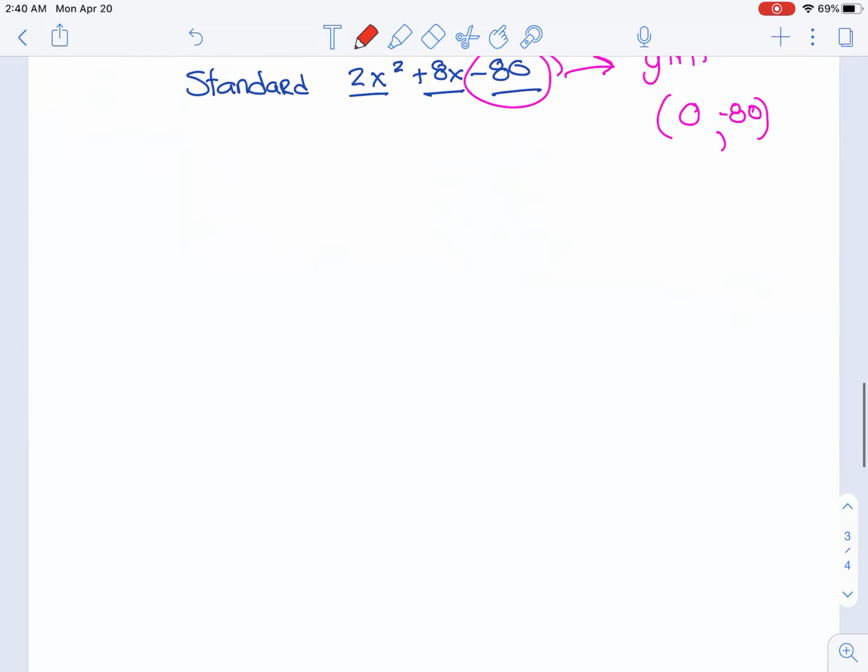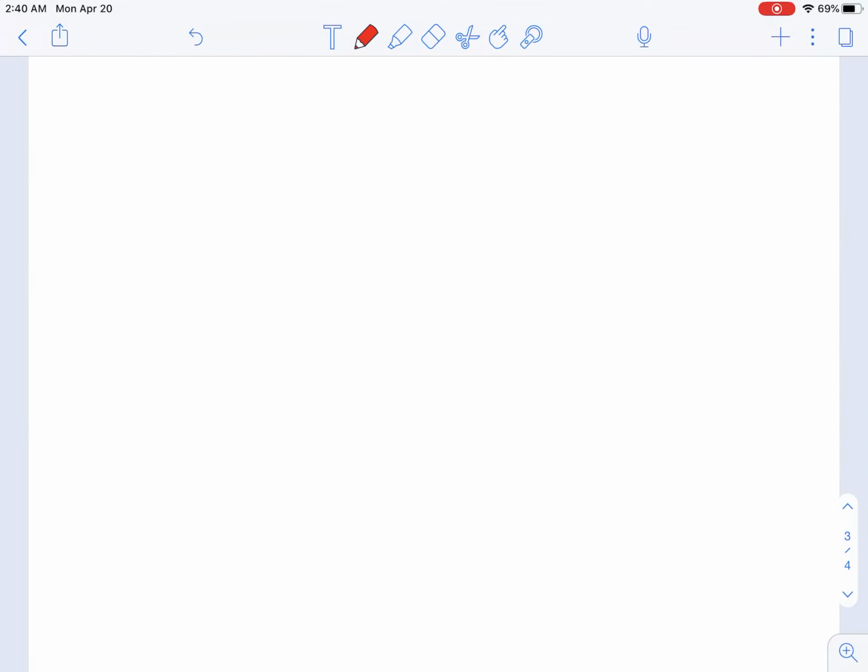So as we move forward, I'm going to start to ask you a bunch of things. What is the standard form? What is the factored form? What is the vertex form? I'm going to ask you for the vertex, that'll be in parentheses.